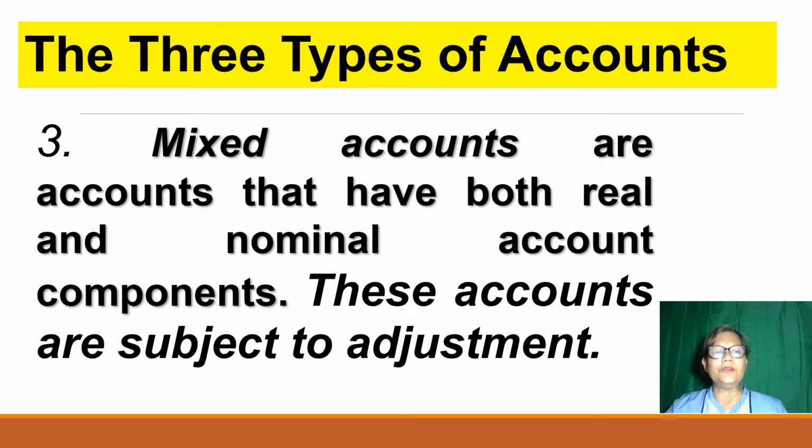They are the accounts that have both real and nominal account components. These accounts are subject to adjustment. So, paghihiwalayin ang halimbawa ay income and what? Liability. Paghihiwalayin ang assets and expenses.